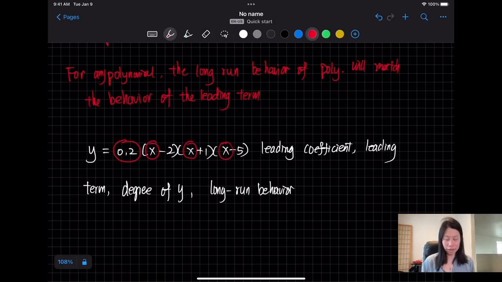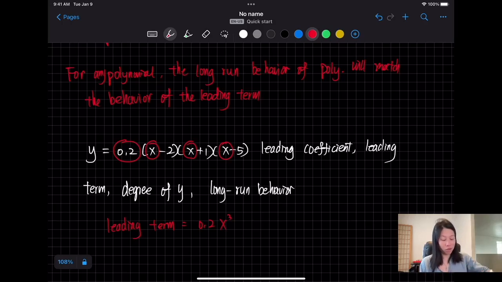When you multiply the x, you will get the highest leading coefficient and the leading term. So that means in this case, the leading term should be 0.2x to the cube.